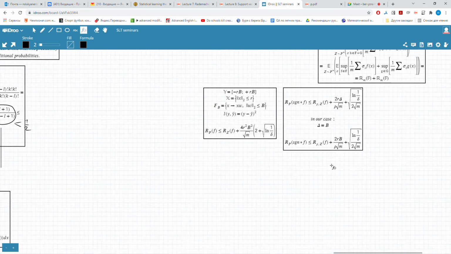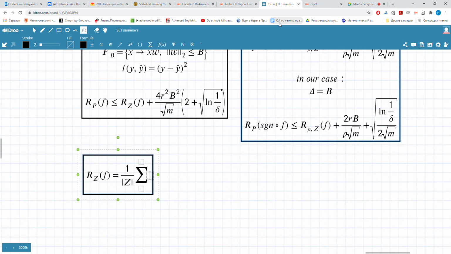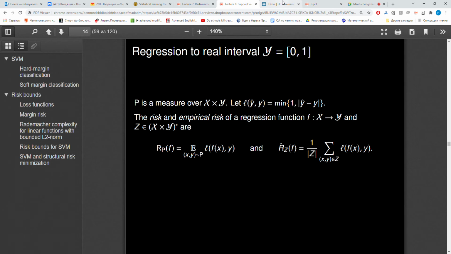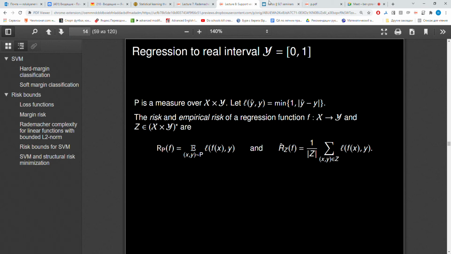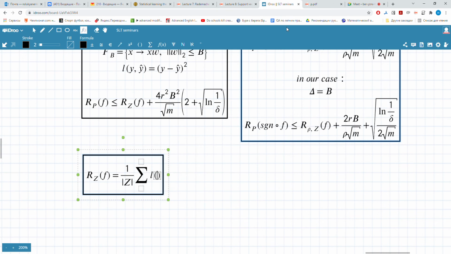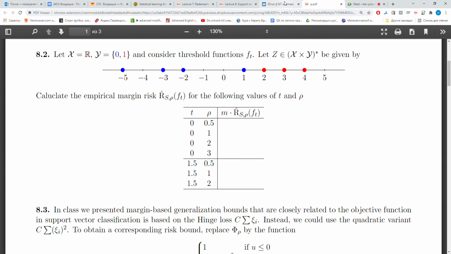Let's write it on the board. R_Z(f) equals 1 divided by the size of Z, the sum over (x, y). I'm afraid it won't be seen, so I will skip the hat on the R.